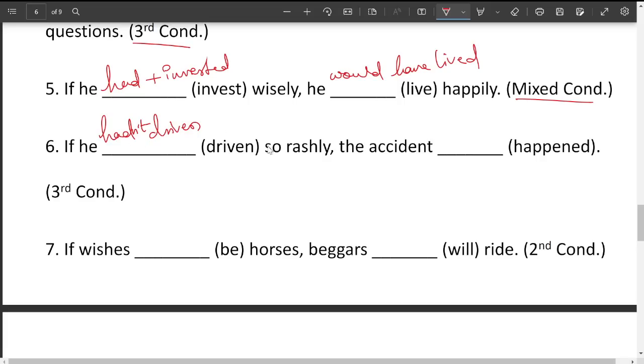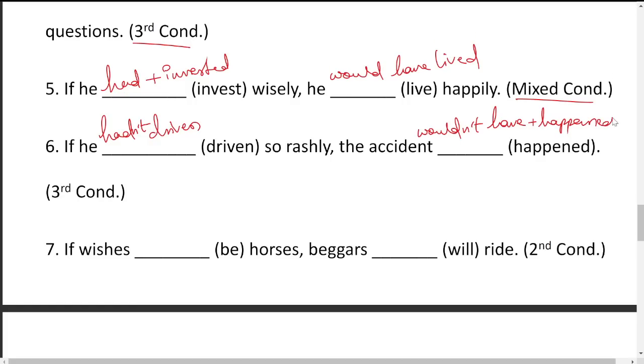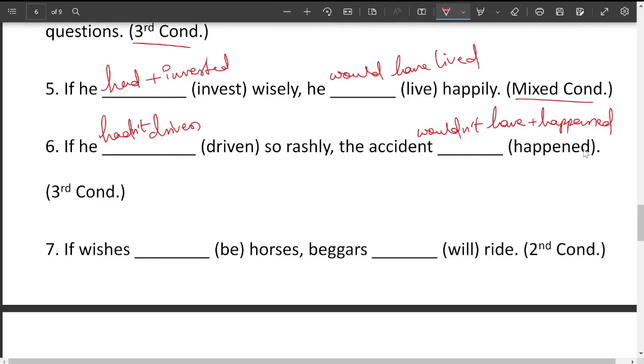If he hadn't driven so rashly, if at all he did not drive that fast, then the negative result is needed. The accident wouldn't have happened, wouldn't have plus V3. Again we are using the same structure: hadn't plus V3, wouldn't have plus V3. If at all had plus V3, would have plus V3 only. So based on the sentence meaning we have to change the condition.